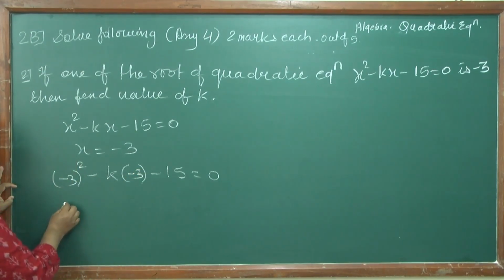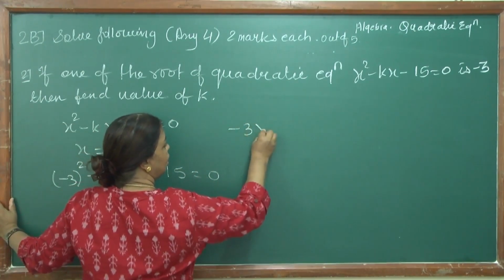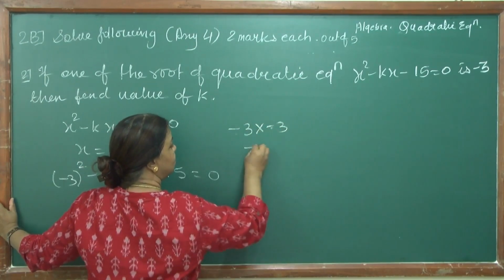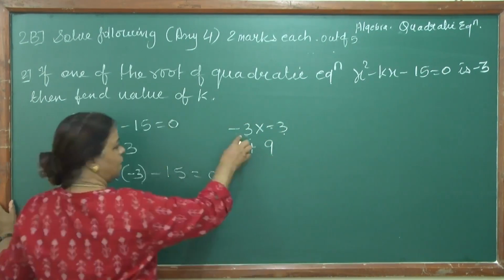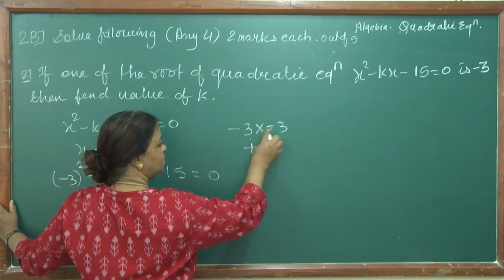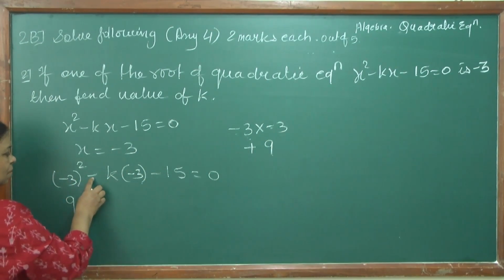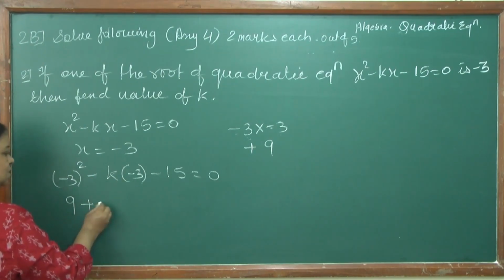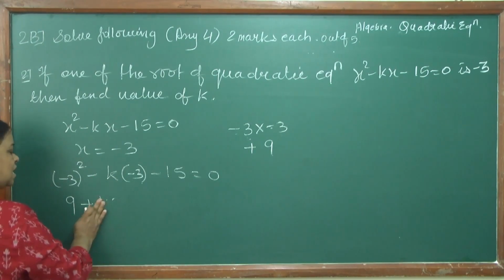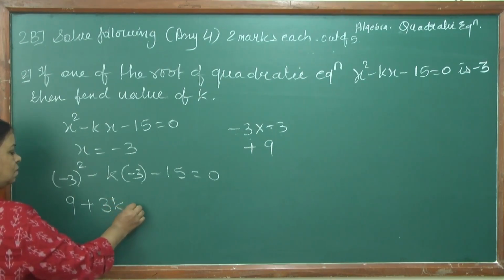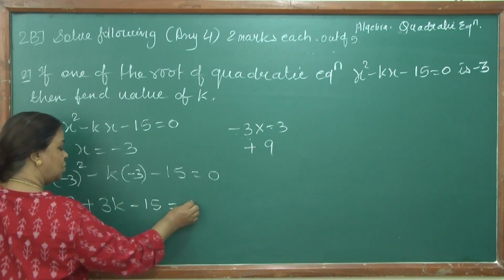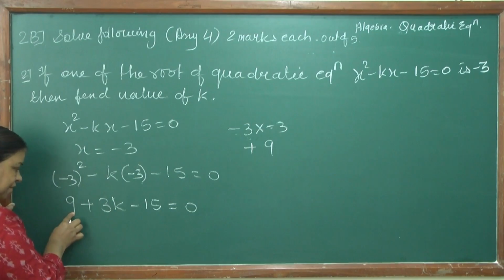Minus 3 the whole square, minus 3 into minus 3, minus minus plus 3 3s are 9, minus 3 into minus 3, minus minus plus 3 3s are 9. So 9 minus into minus plus 3k minus 15 equal to 0. K cannot be added with this.